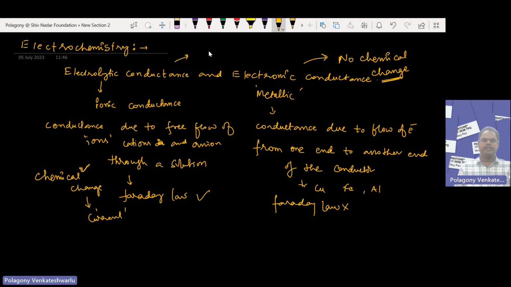Electrolytic conductance is useful to prepare various products, and electronic conductance is useful in circuits. Both are affected by temperature.